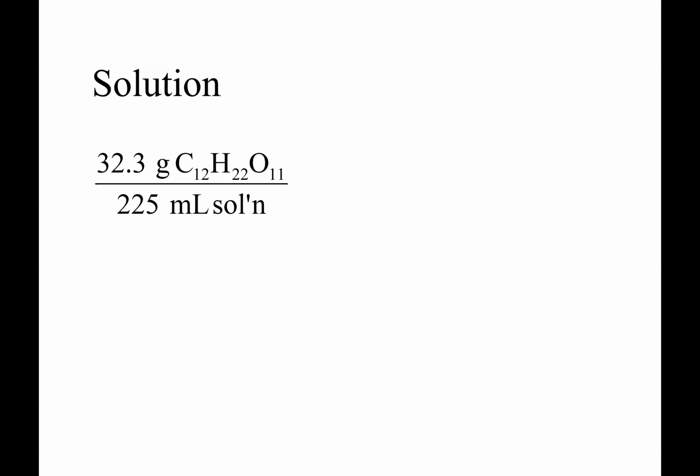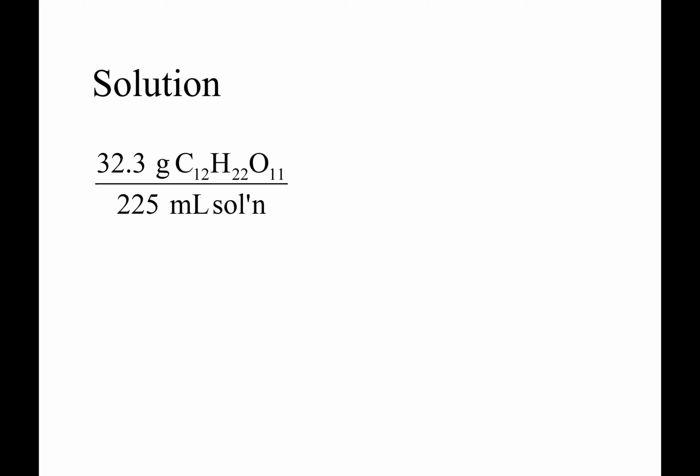So we're going to need to clean it up a little bit. So our target was grams of sucrose per liter of solution. We're going to start with putting that 32.3 grams of, and you could spell out sucrose, or you could put C12H22O11 per 225 milliliters of solution. So how can I make the units of milliliters of solution cancel in the denominator and be left with units of liters in the denominator?